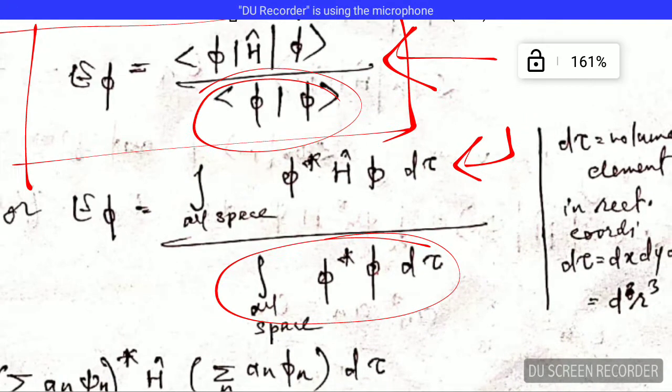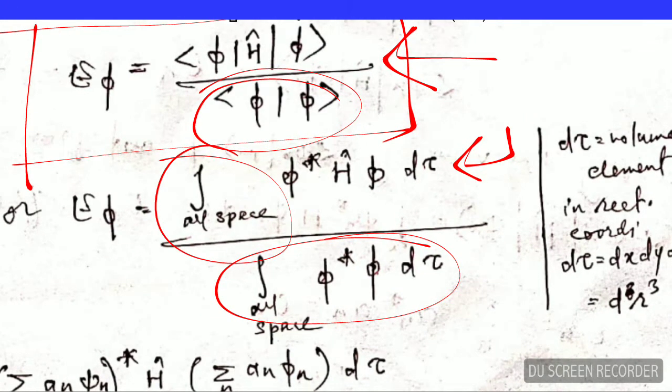This all space means in the x direction you have to take from minus infinity to plus infinity, in the y dimension from minus infinity to plus infinity, and for z also from minus infinity to plus infinity. These will be the limits of the integration that will fill all the space.